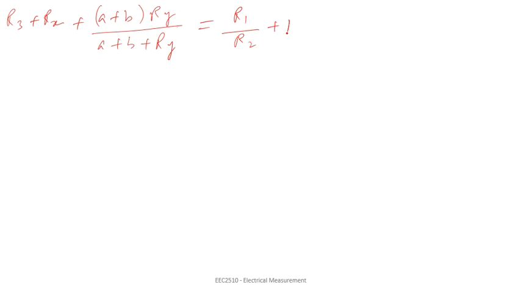So that will be R3 plus Rx plus (A plus B) times Ry over (A plus B) plus Ry equals R1 over R2 plus 1, and then R3 plus B times Ry over A plus B plus Ry.